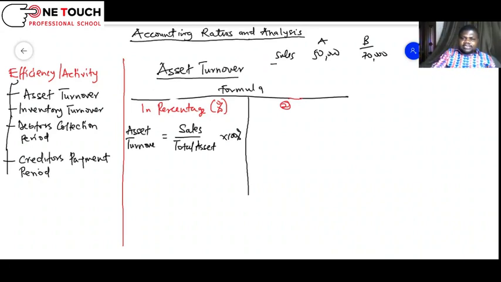So let's assume that you have a total asset base of 200,000 here and a total asset base of 350,000. Express this as a percentage and see. This should be 25%. This should be 70 over 350, so 20%. So asset turnover will tell you that A is rather doing better than B.